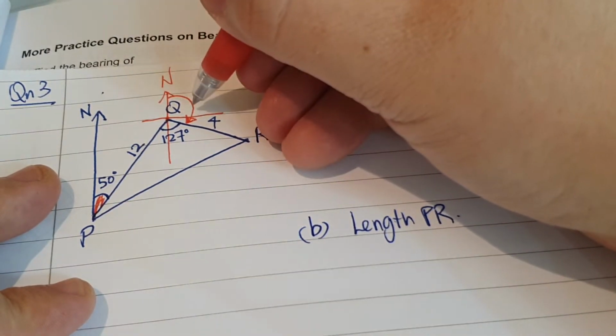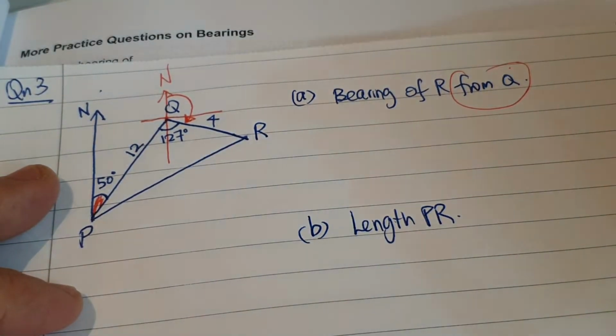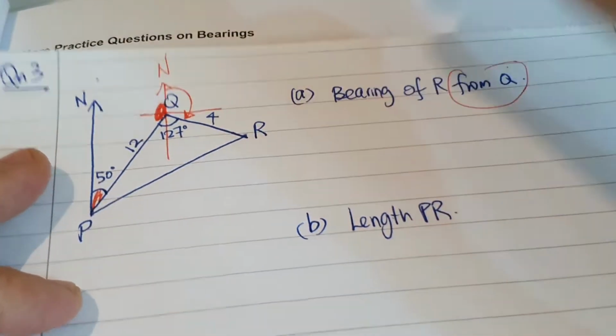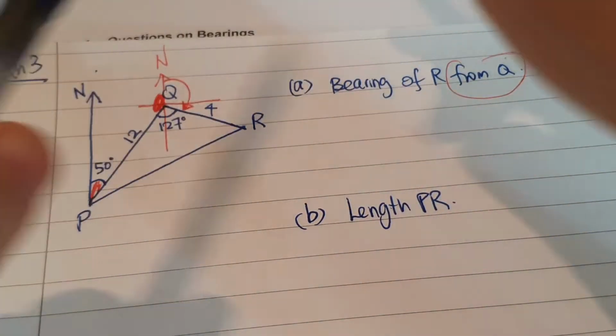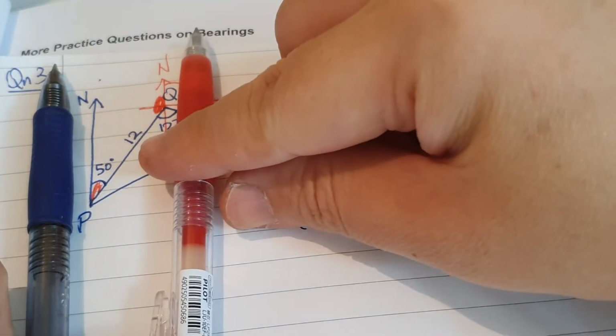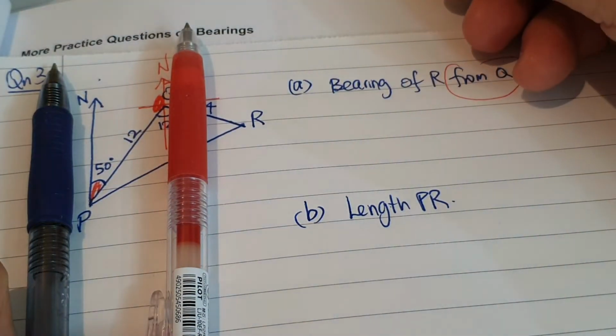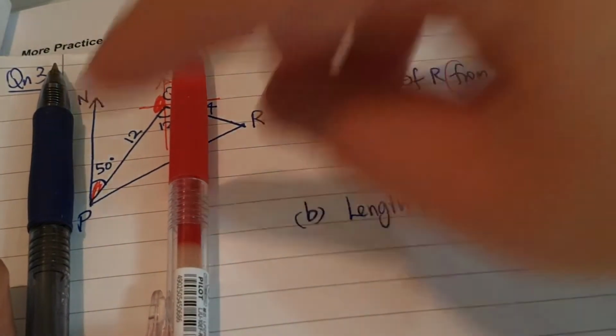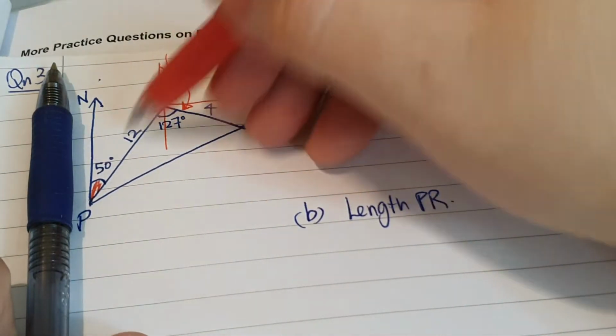How do I find the value? As I mentioned just now, I know from here these two are parallel lines. Okay, and in between two parallel lines, these two angles, the one that I shaded in red, they are going to add up to 180.